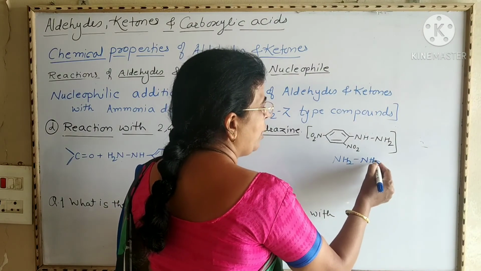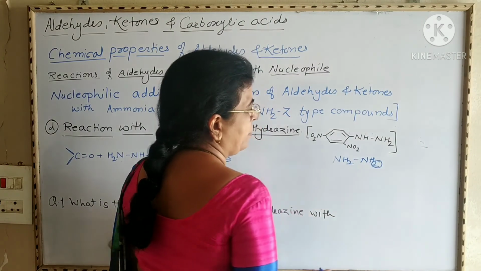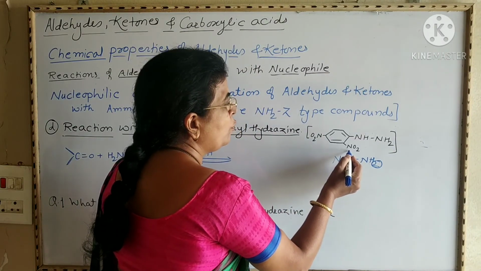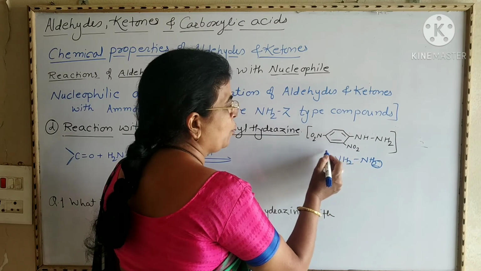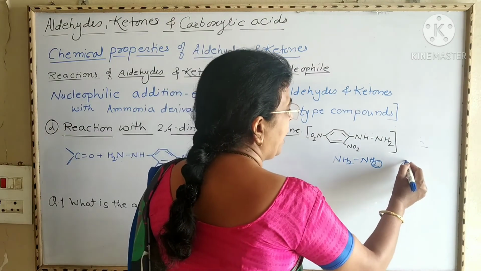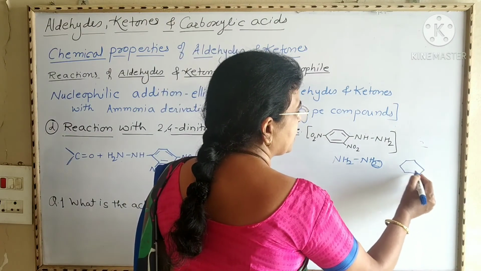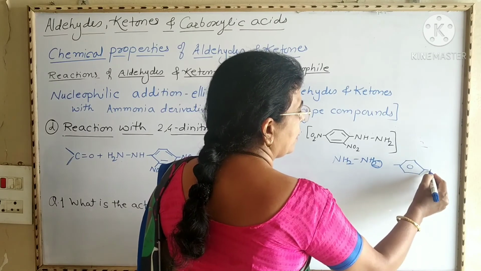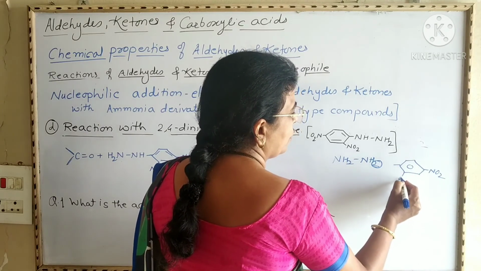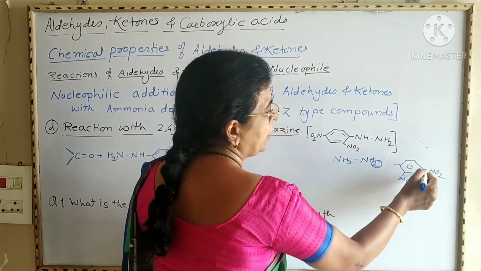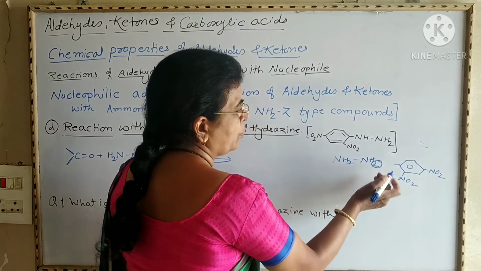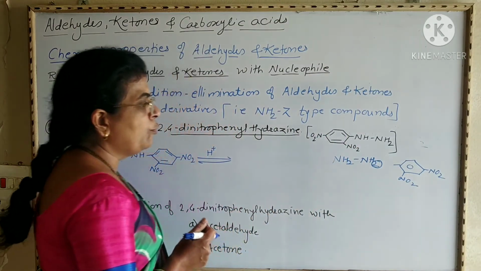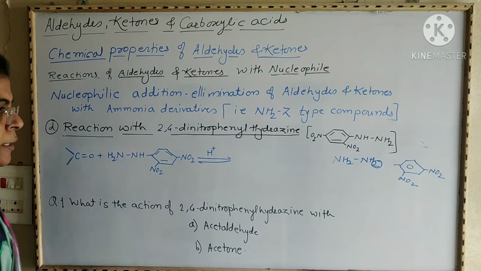Now here, when one hydrogen atom from this hydrazine is replaced by a 2,4-dinitrophenyl group. Now the 2,4-dinitrophenyl group is like this, with NO2. This is the 2,4-dinitrophenyl group. Now here this NH group is attached. This is the structure of 2,4-dinitrophenylhydrazine.